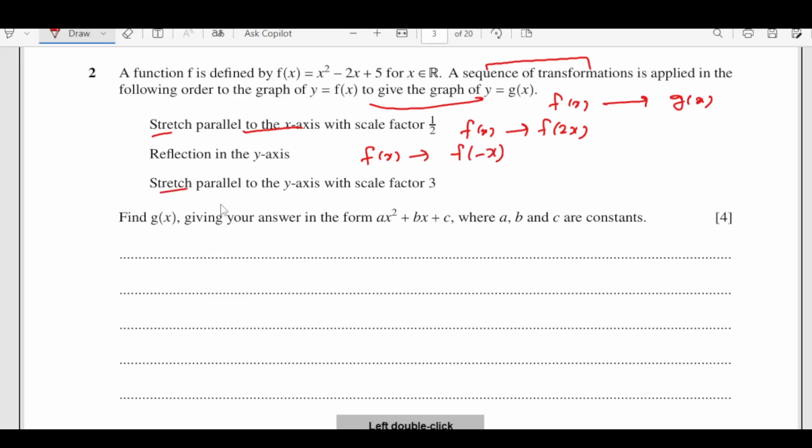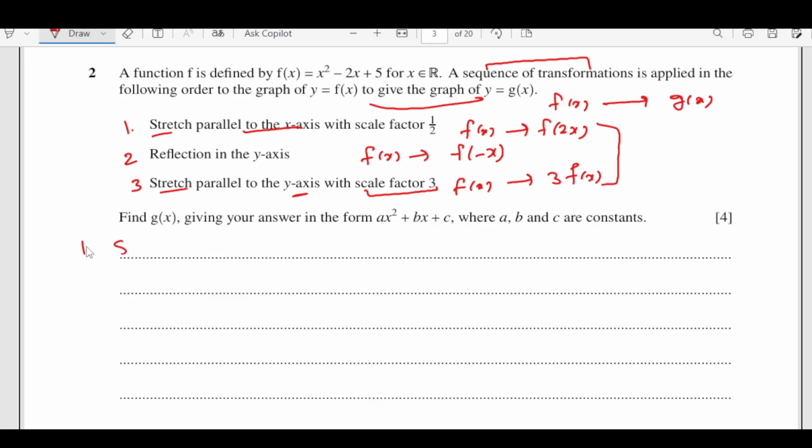And here again we have a stretch, with scale factor of 3 along the y axis, so f(x) is going to become 3f(x). So these are the transformations that we are going to apply on f(x).